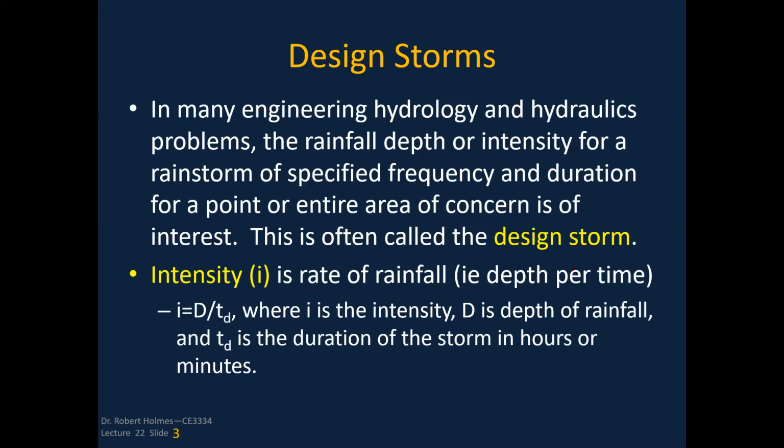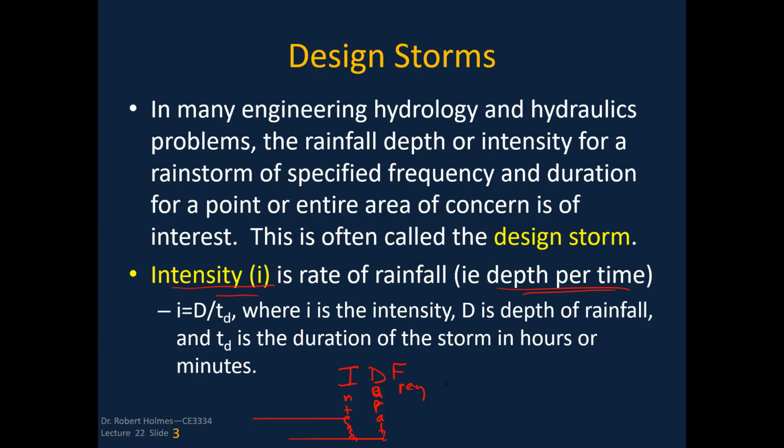So when we think about design storms, this is a slide from the previous lecture 21. We're looking at an intensity or an amount, and this intensity is a depth per time. So that's where we talk about the IDF relationship. So we've got intensity is one of those terms. I'm sorry, we got a duration, and we got a frequency.